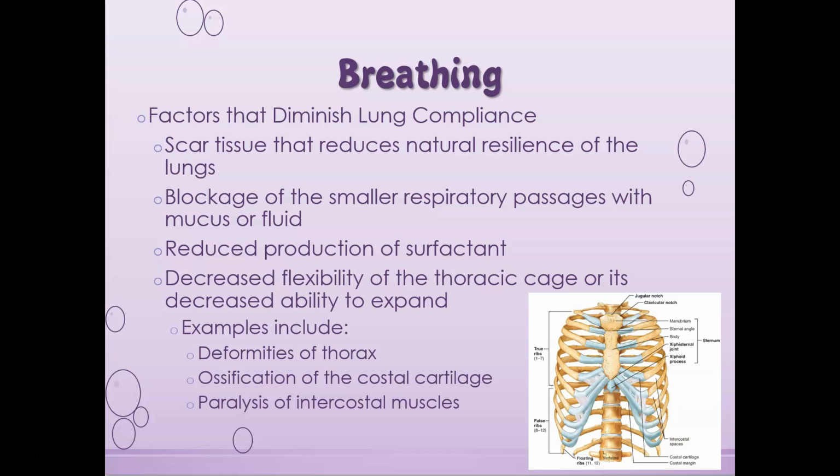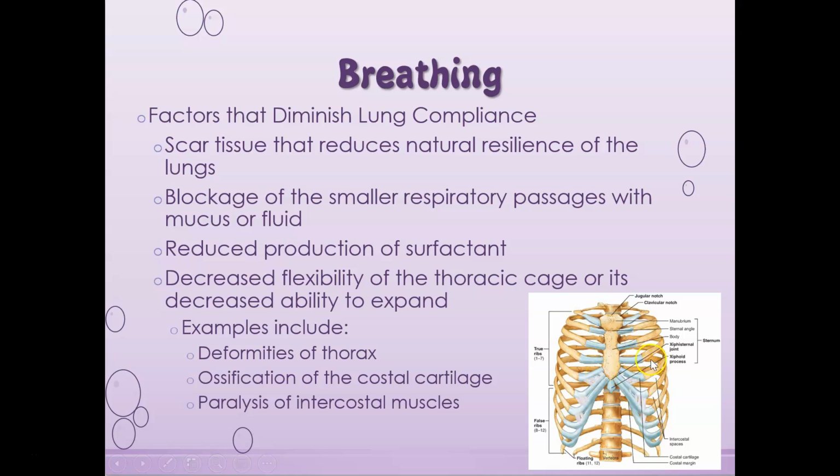Also any sort of blockages to those small respiratory passages, reduction of surfactant by those alveoli, any sort of decreased flexibility to your thoracic cavity or its ability to expand, just general deformities. You can get ossification, so the cartilage connecting your rib bones to your sternum can ossify or become bone-like and make this whole cavity rigid as opposed to flexible.